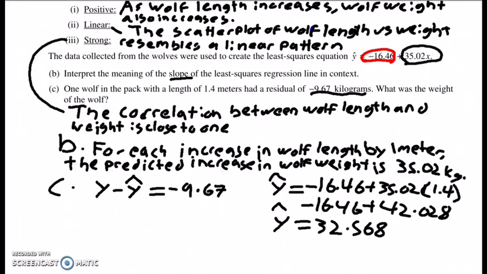And then using that number, we plug it back into our residuals equation. So y minus 32.568 is equal to negative 9.67.